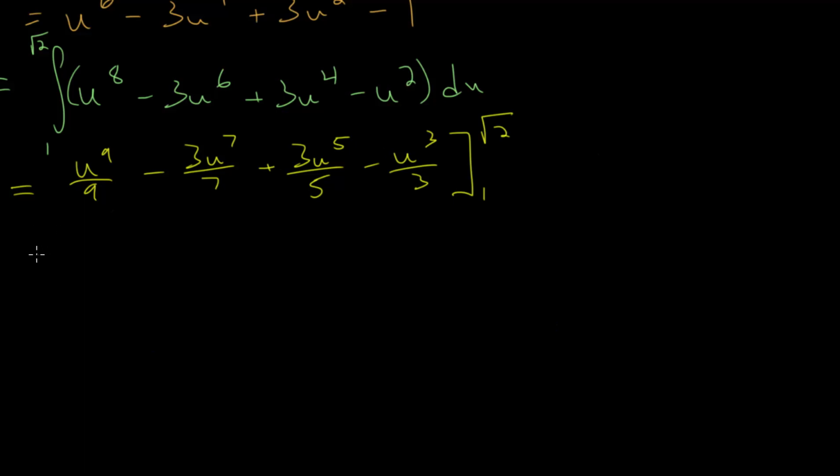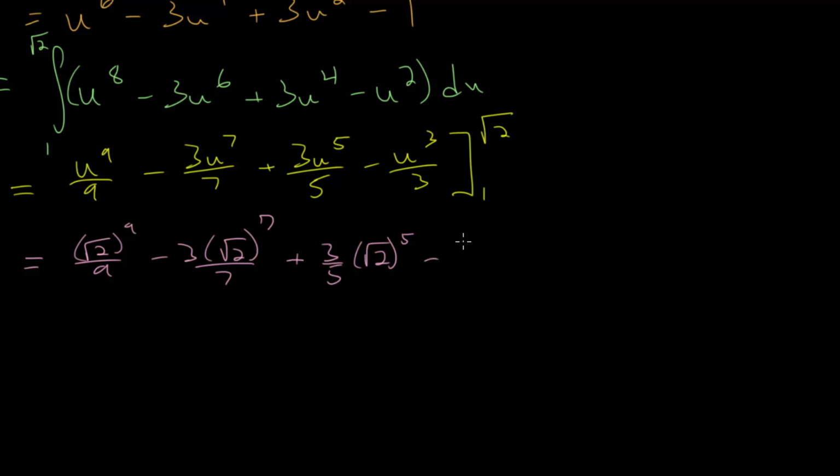So let's first plug in the square root of 2. We would get root 2 to the 9th power, all divided by 9, minus 3 root 2 to the 7th power over 7, plus 3/5 of root 2 to the 5th power, minus 1/3 of root 2 to the 3rd power.